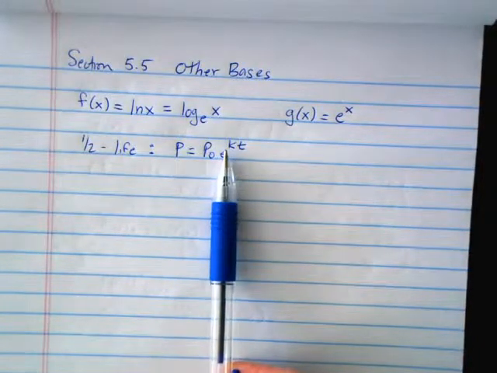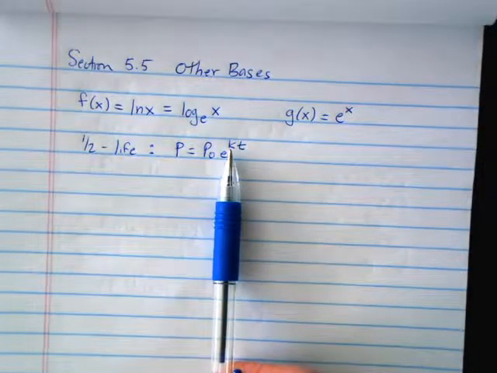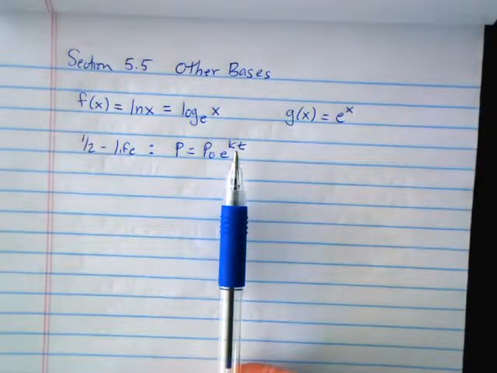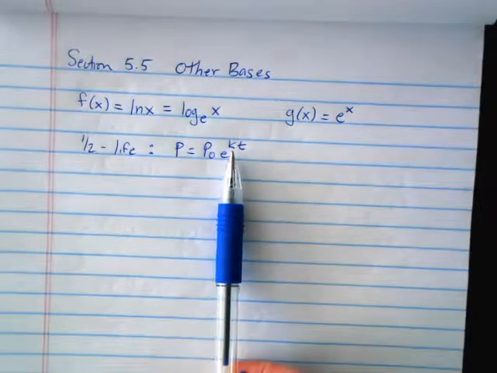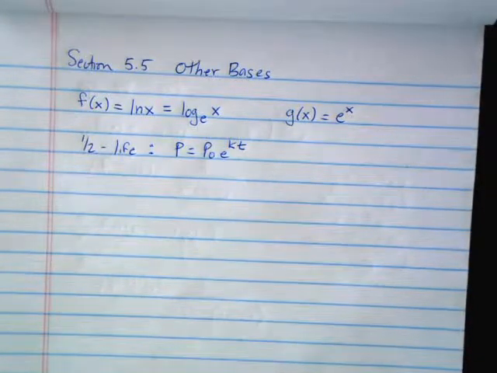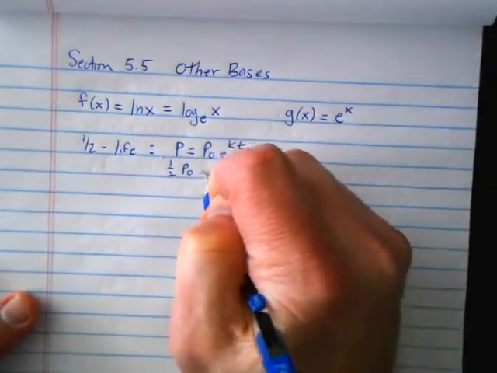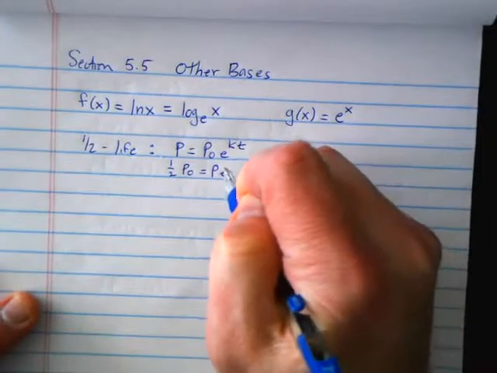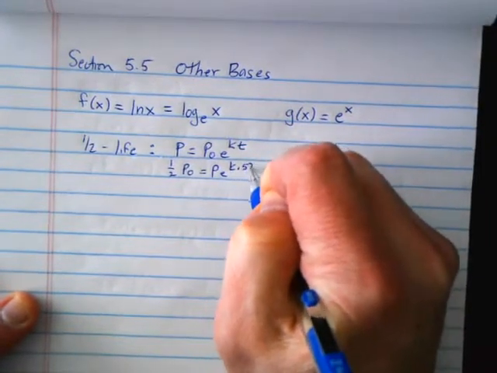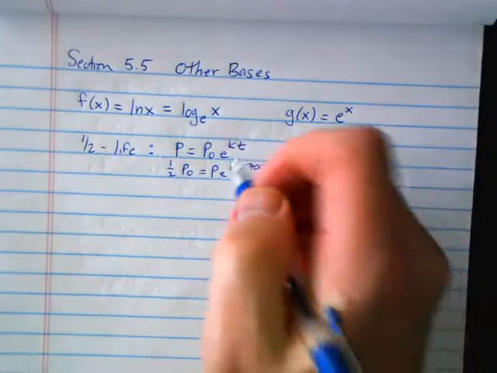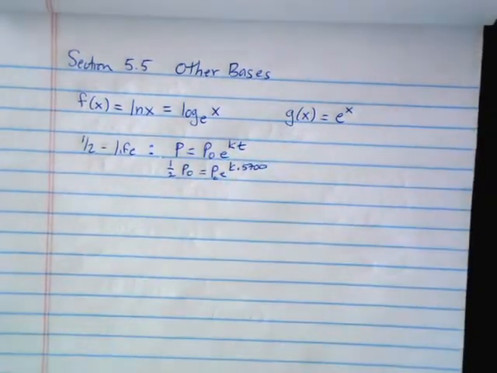And how did we figure out the number k? We had to know something about the half-life of the element you were working on. So if your half-life was 5,700 years, you would do something like this: 1/2 P0 equals P0 e to the k times 5,700 if you were dealing with carbon-14. And you would solve that equation, and that would give you your k number.